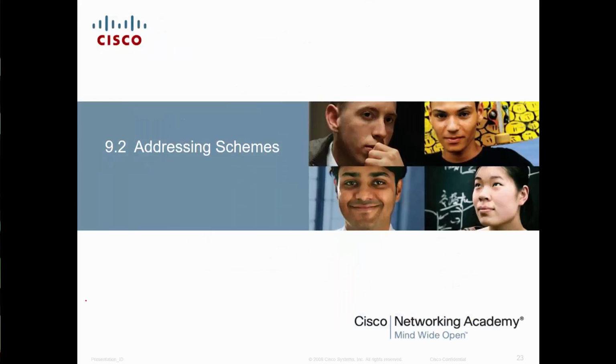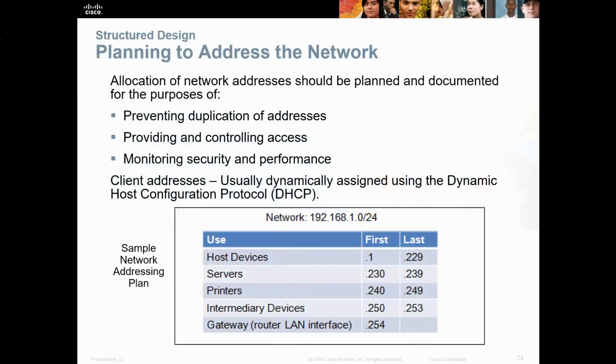So let's go ahead and get into address schemes. The next fun topic is always one of my favorites, which is address schemes. That's because when you design a network, you have to understand how they flow and stay with the same flow. For example, maybe we set it up so that the host devices may use 1 through 229. As long as you're consistent with your network planning, that's okay.